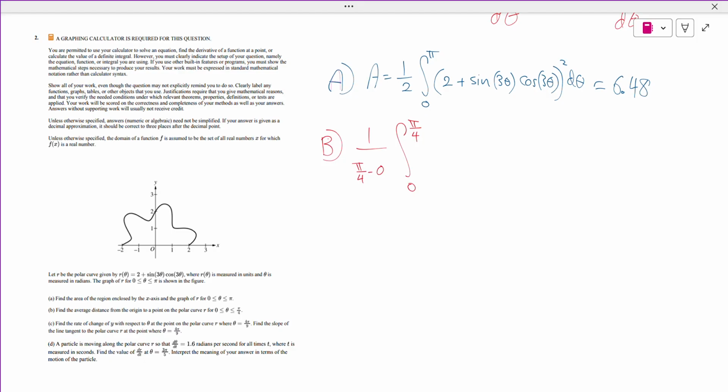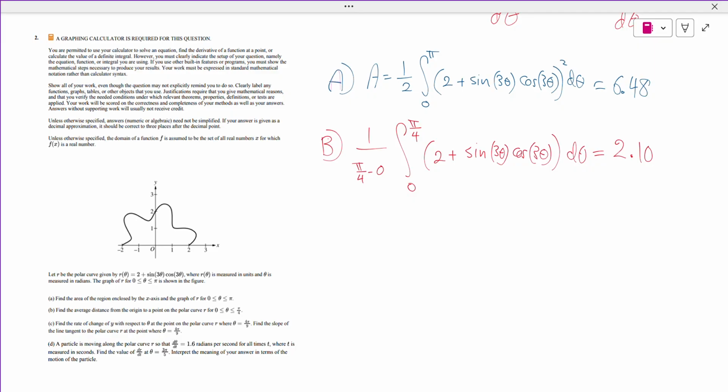So 1 over pi over 4 minus 0, the integral from 0 to pi over 4 of r of theta, where r of theta is already given, right? So this is 2 plus sine of 3 theta cos of 3 theta d theta, and by evaluating it using the calculator, we get 2.106.